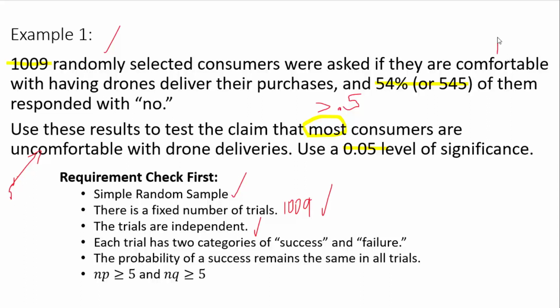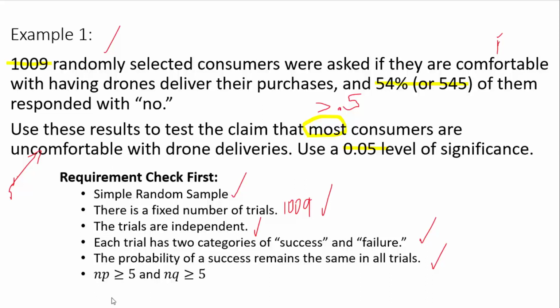And comfortable would be our failure, which might sound a little bit backwards, but at any rate, we've got two categories, so we have success and failure. The probability of success remains the same in all trials. Yes, we are always going to have the same possibility that they could say that. Nothing's going to change. We're not removing any cards from a deck or anything of that sort.